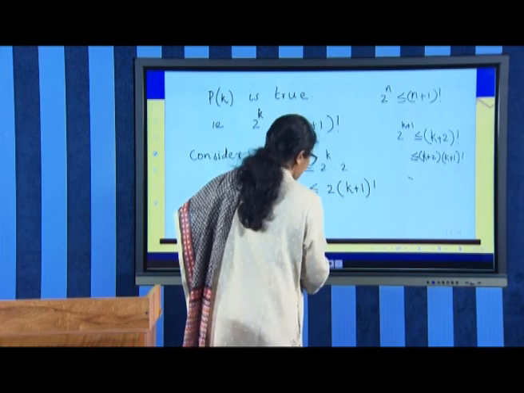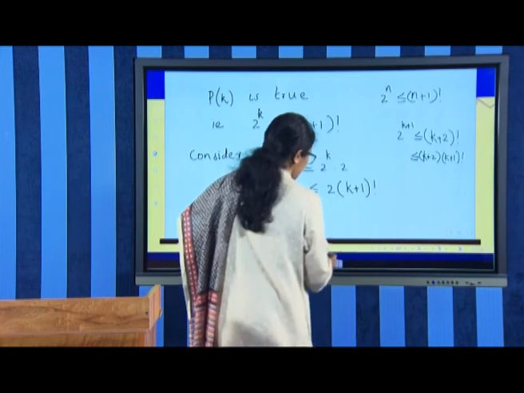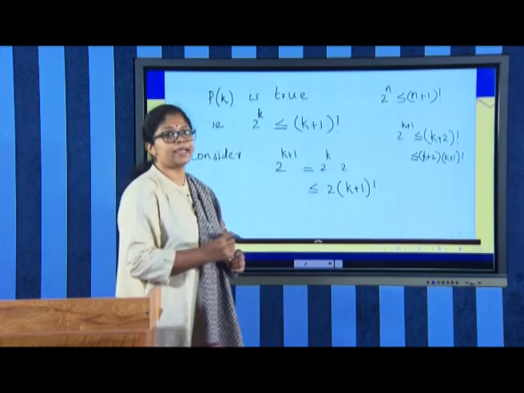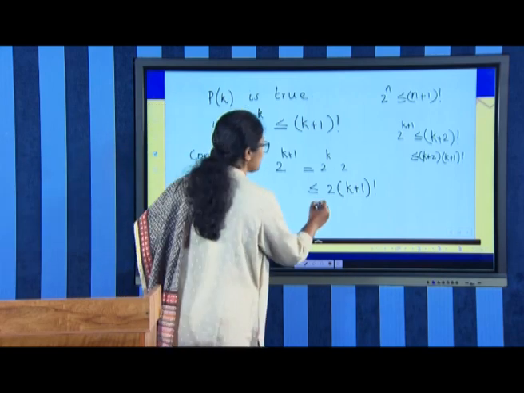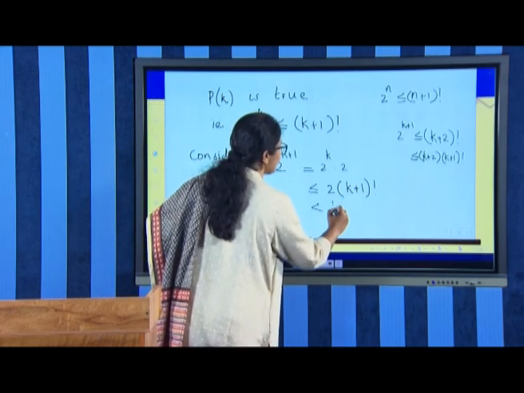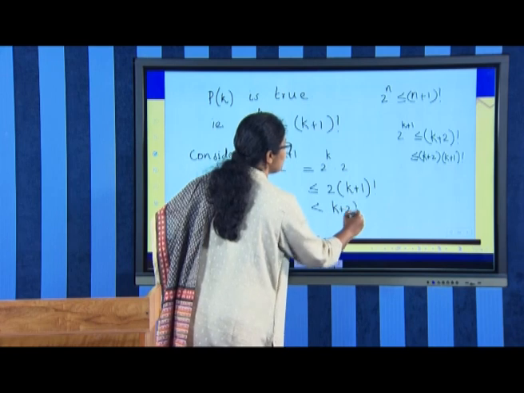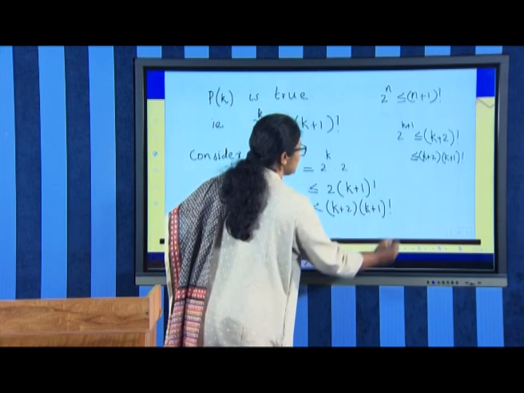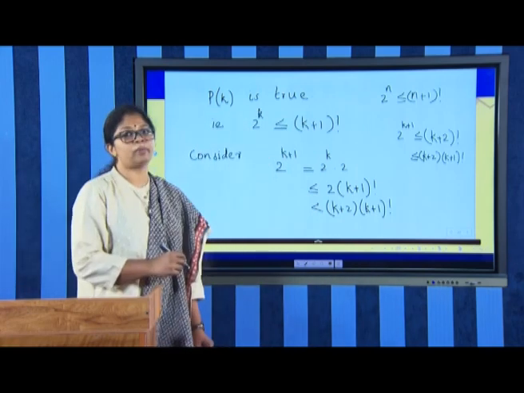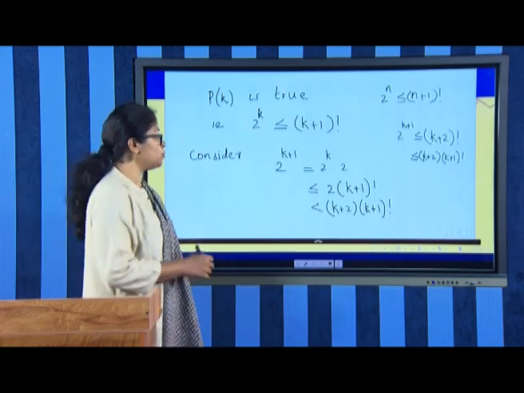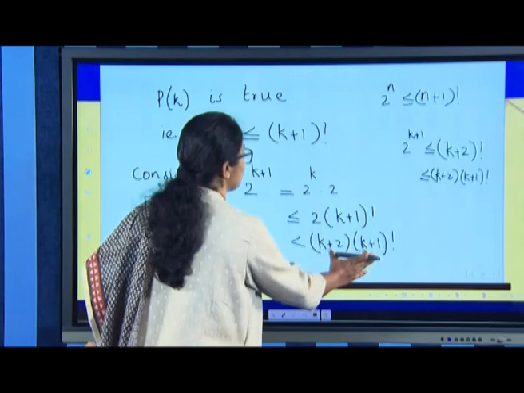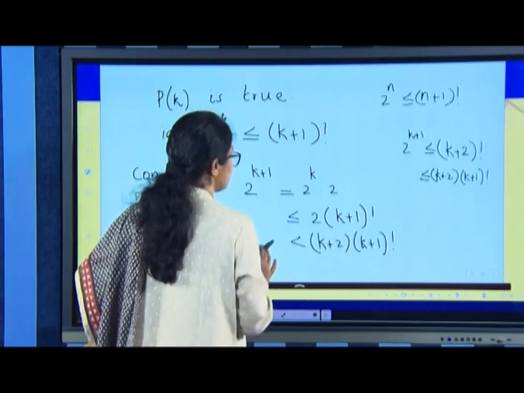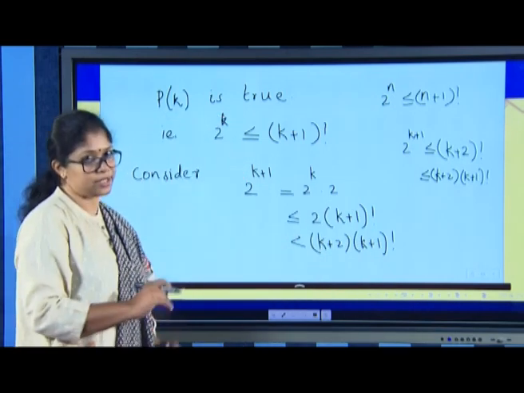So, we can see that 2 is smaller than k plus 2, and so we have this is less than k plus 2 times k plus 1 factorial. Because we are playing with inequalities, we can replace the 2 by a larger number k plus 2, so that the right side term becomes much more larger than this. So, the inequality is retained as such.